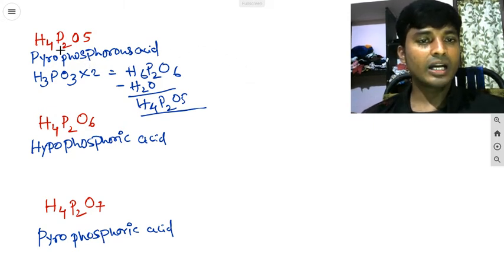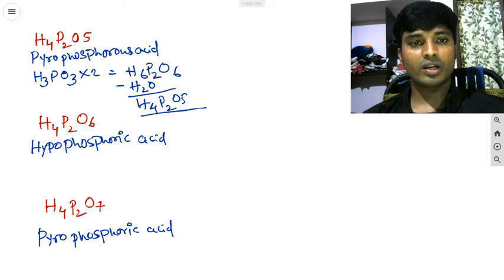Whenever an odd number of oxygens is there, what you can do is make the bond between the 2 phosphorus through oxygen. You connect the phosphorus with the oxygen.